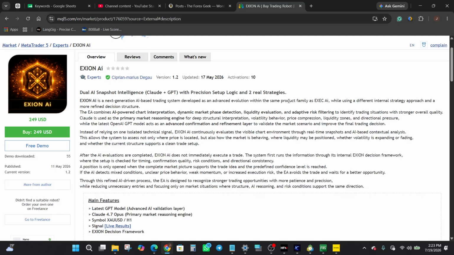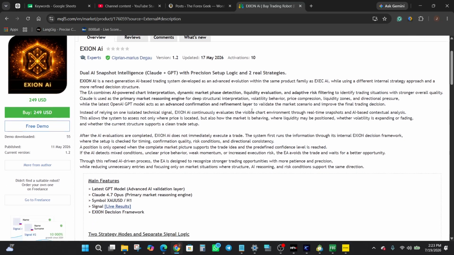According to the listing, it uses one large language model as a primary reasoning layer for structural and liquidity analysis, and a second model as a confirmation and validation layer.